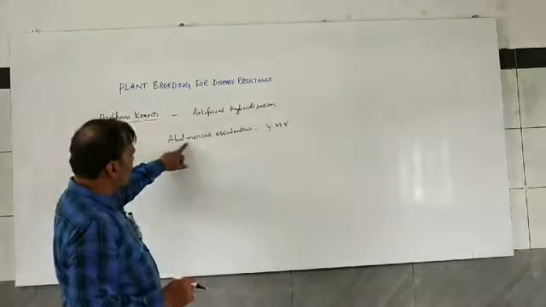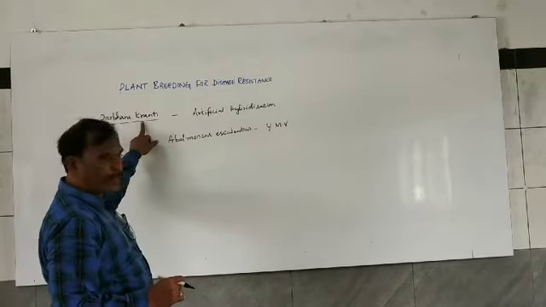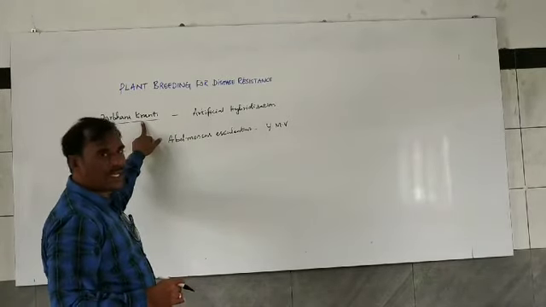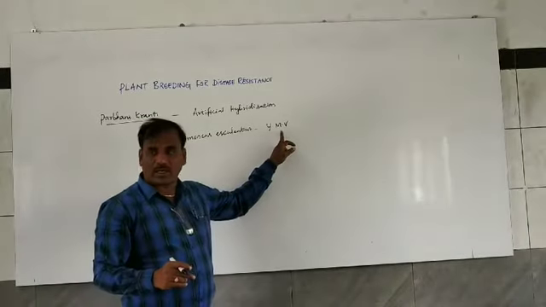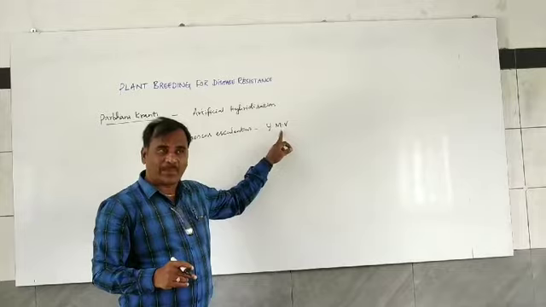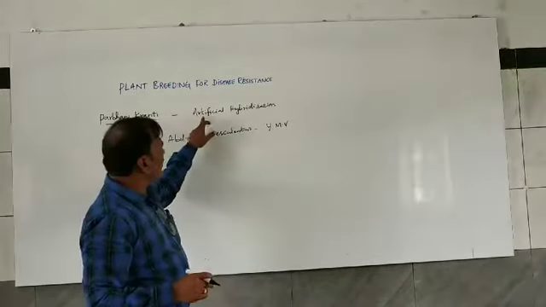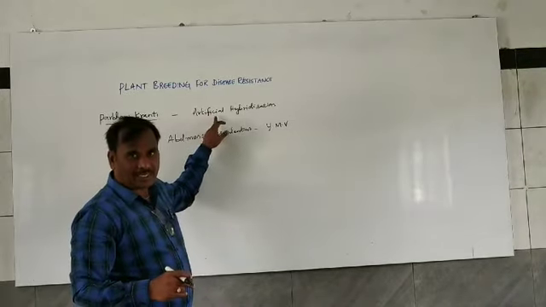This Abelmoschus esculentus Parbhani Kranti is a disease-resistant variety against the yellow mosaic virus. It is developed by the traditional method, that is artificial hybridization.